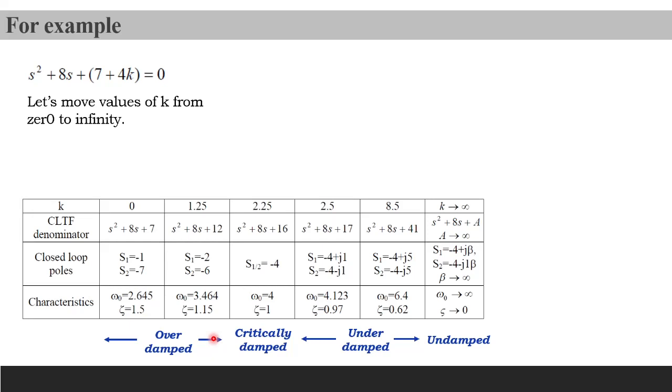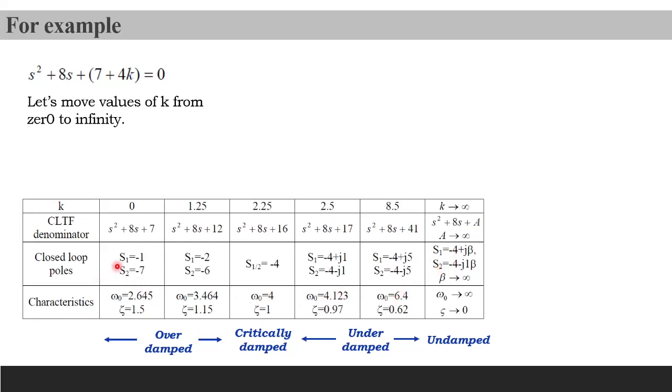When I change this value from 0 to infinity, the closed loop poles change from, let's say, -1, -7 onwards to some complex values.